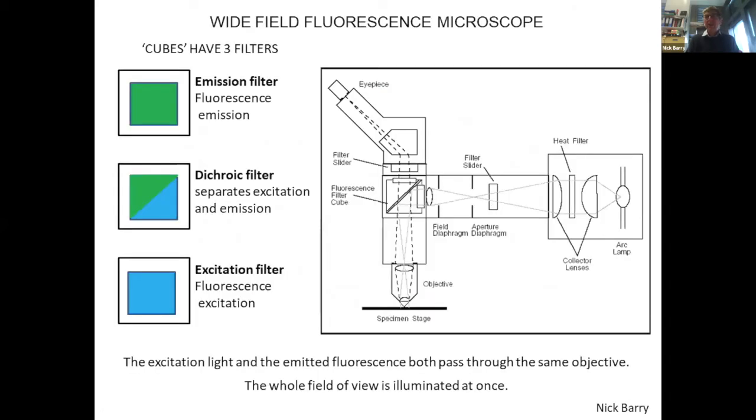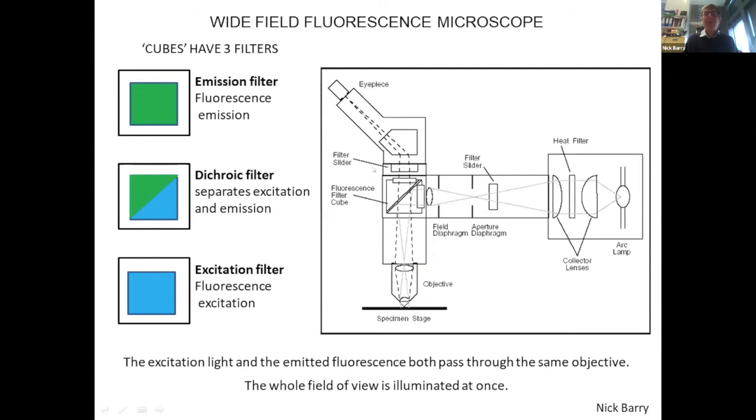How the microscope actually works in terms of doing this is you have this typical filter cube stuck in that so-called infinity space that I mentioned earlier on. So you have excitation light coming in from the back of the microscope, reflected down to the sample. The fluorescence light is a different wavelength, so it comes back up through that reflection filter and up into the eyepieces. So you have a little cube with 3 filters in it.